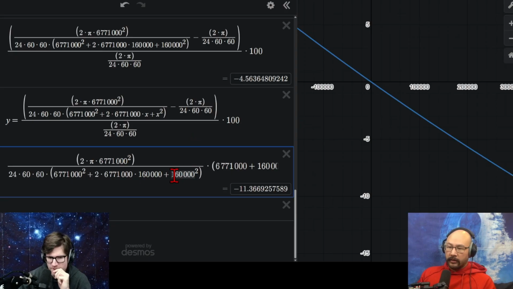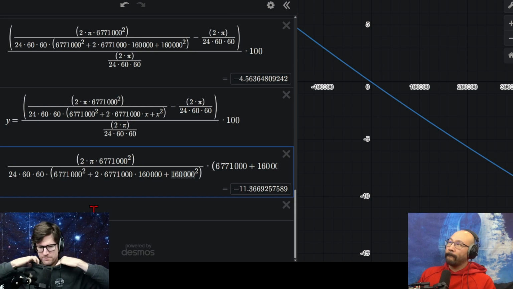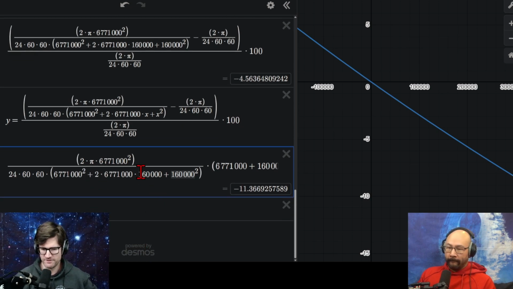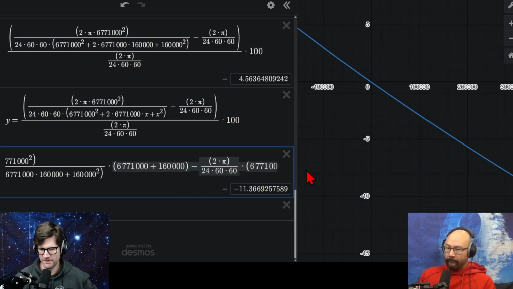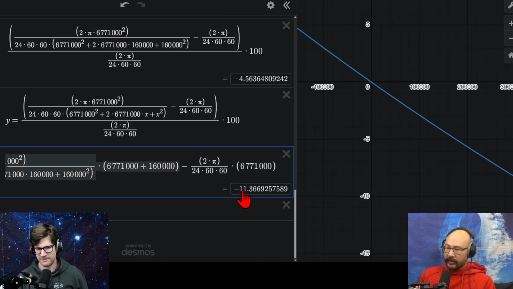You're right, 160,000 then square it. And then I multiplied by the same thing on the top, which is kind of redundant. And then I subtracted the surface of the Earth velocity. So the end result was minus 11.